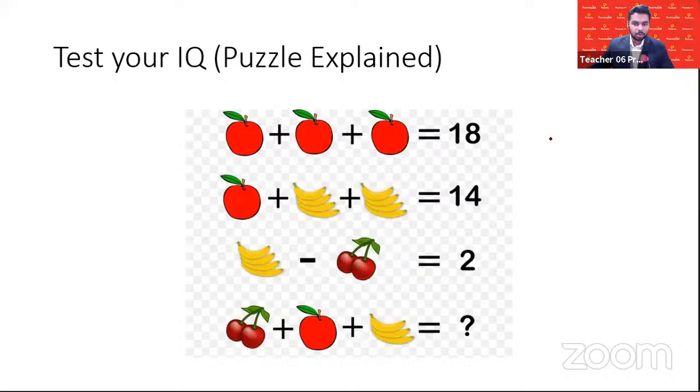Most of you have found out apple is 6. What about bananas? You should observe that there are 4 bananas. So I'll just write, 1 apple, there is no S, and 4 bananas. What is the cost of 4 bananas? Can somebody type in the chat box?